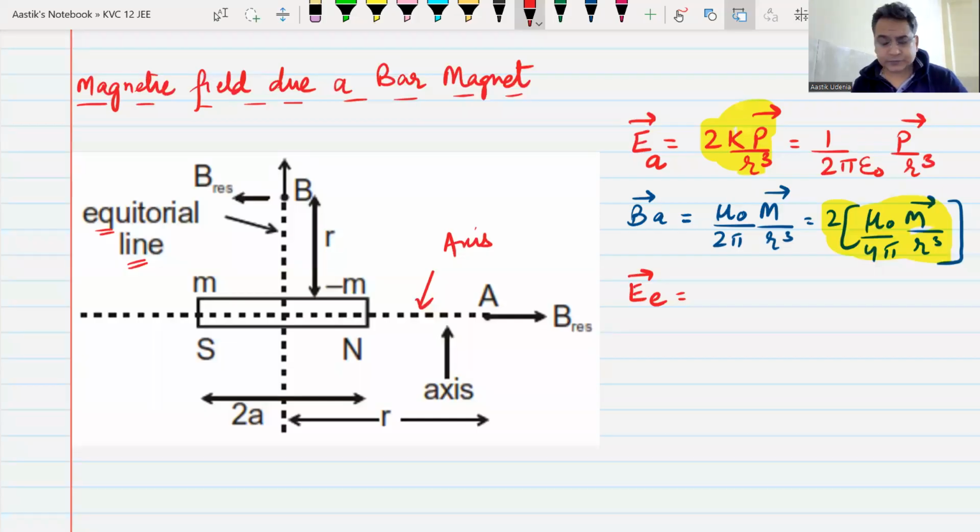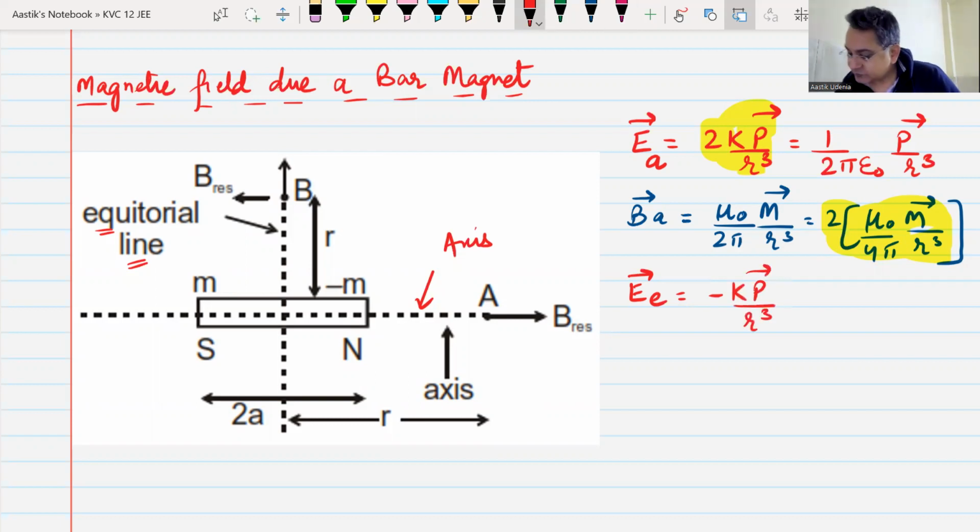So we were discussing the axial electric field, and we can also write the formula for the equatorial field. What was the formula for equatorial electric field? It should be written in this fashion: minus kp vector by r cube, because it is in the opposite direction.